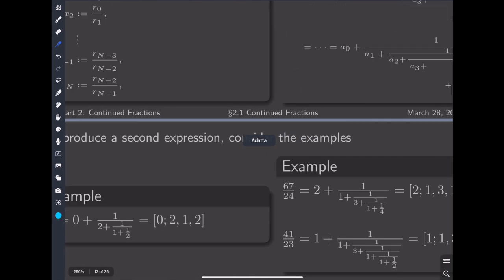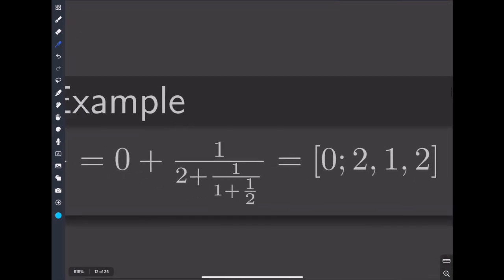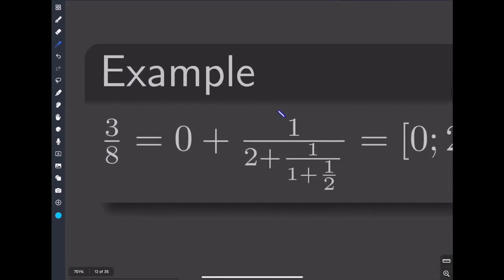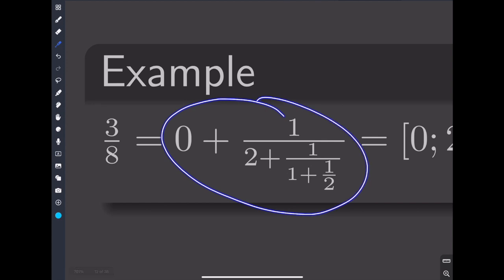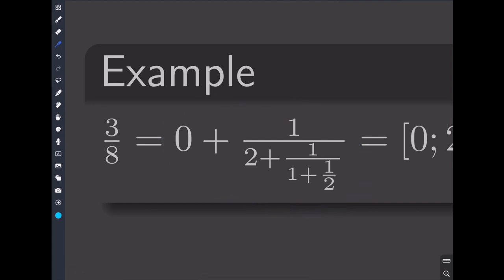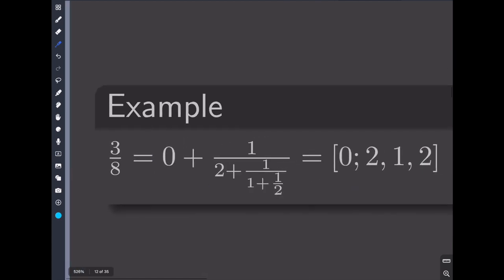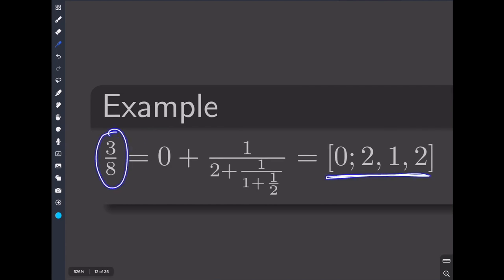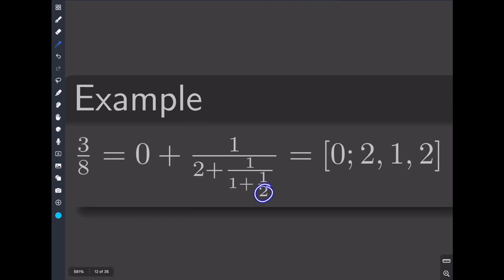If you look at this expression, for instance, for 3 divided by 8, you can see it gives you the expression of this number as a continued fraction. But if you look at it, you see the other one as well. It's like taking the final 2 in the denominator and putting it as something positive plus 1 divided by something.